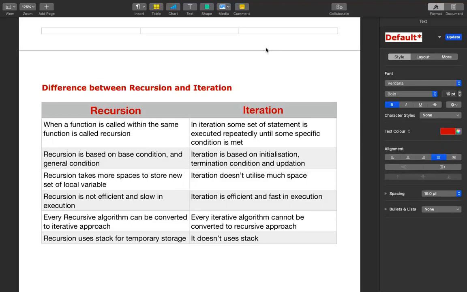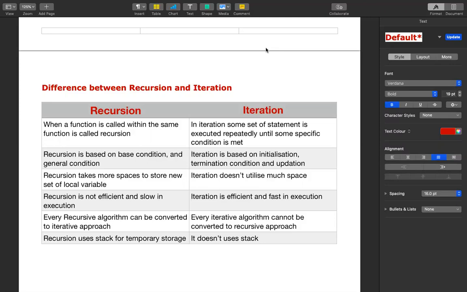So, as we are coming to the end of the recursion topic, we are now going to see what the difference between recursion and iteration is. We have seen almost three recursive programs, that is factorial, Fibonacci, and binomial coefficients, where we have seen programs which work both in a recursive approach as well as an iterative approach.